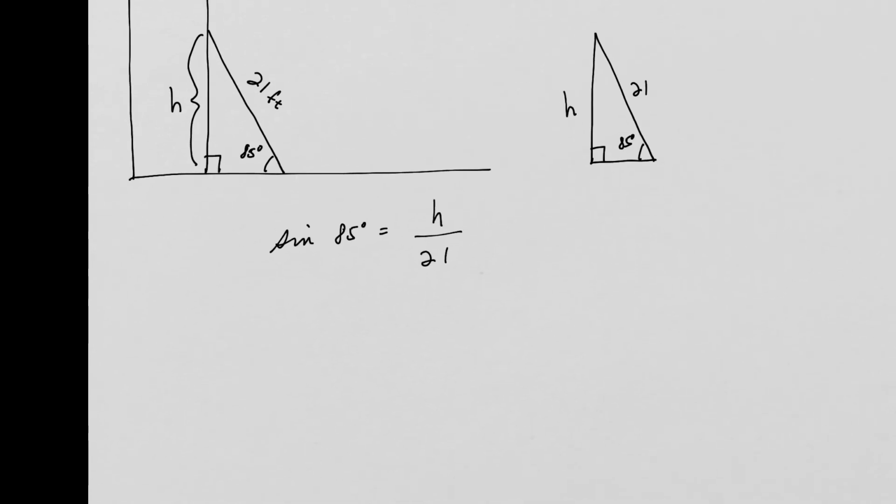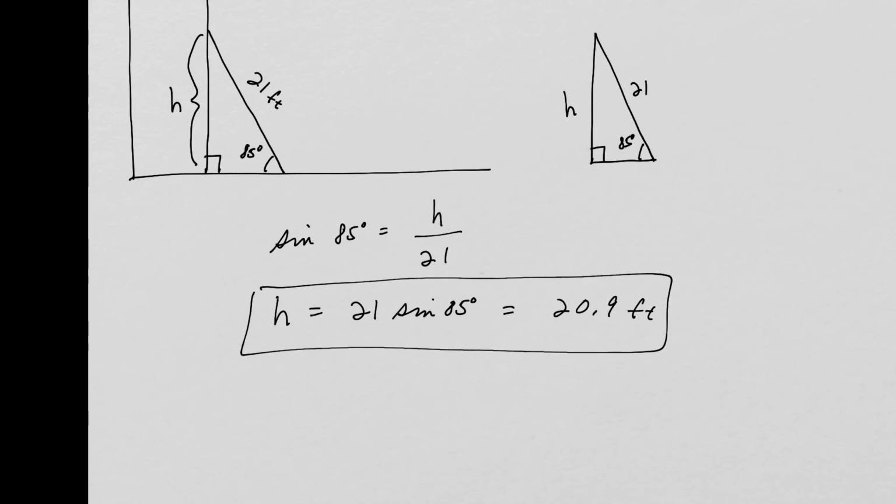So now if you multiply both sides by 21, you're going to find that h is 21 times the sine of 85 degrees. If you plug that into your calculator, you're going to find that this is 20.9 feet. So that's how high up the wall that the ladder would reach. The vertical distance up would be 20.9 feet.